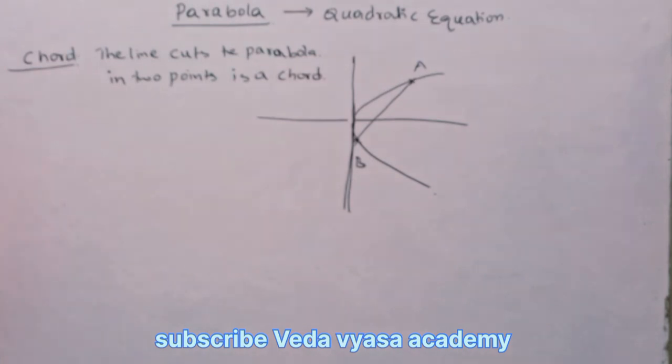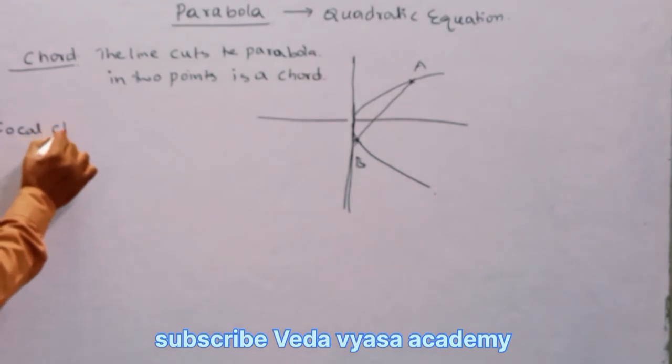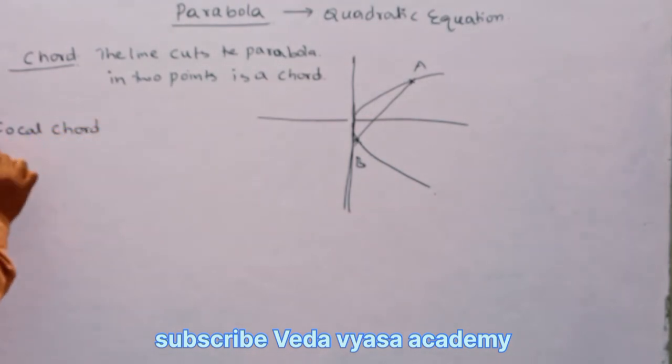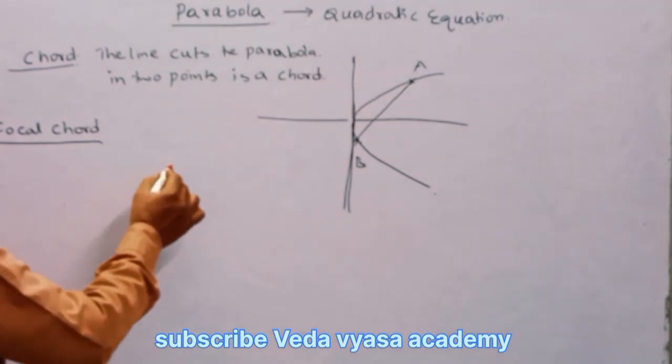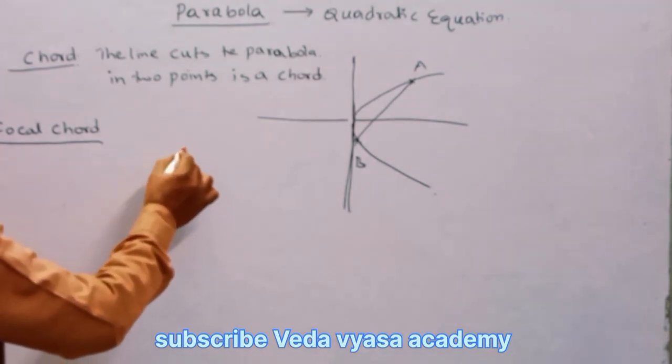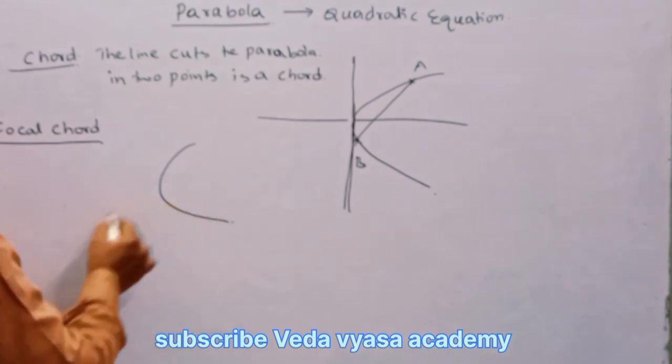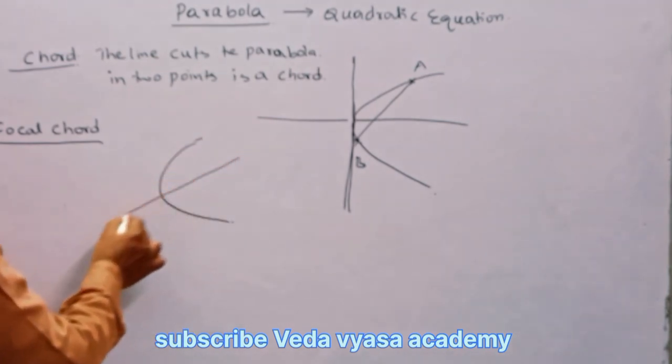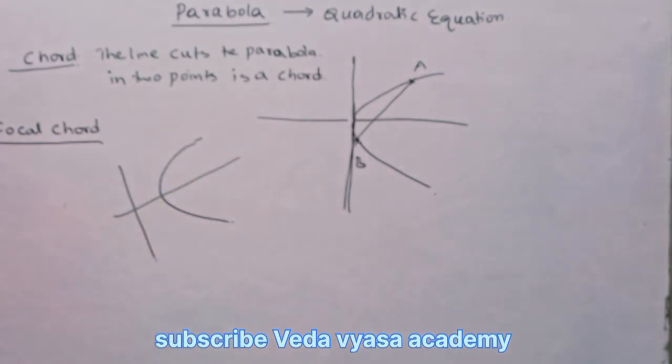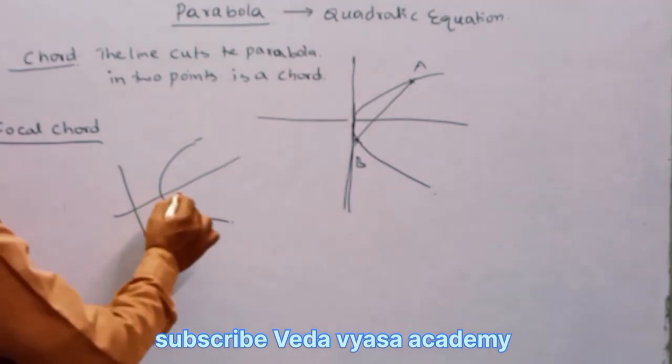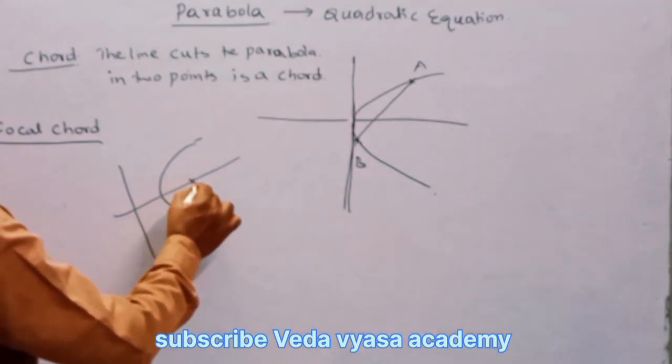Another one, focal chord. Here you see this is the parabola, this is the axis of the parabola, this is the directrix, and this is the focus.